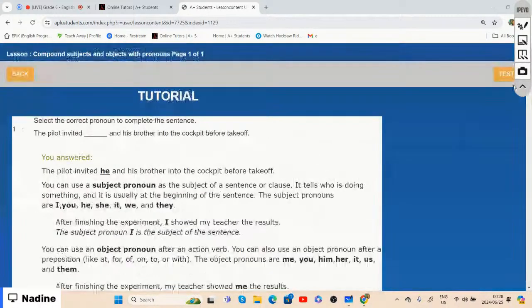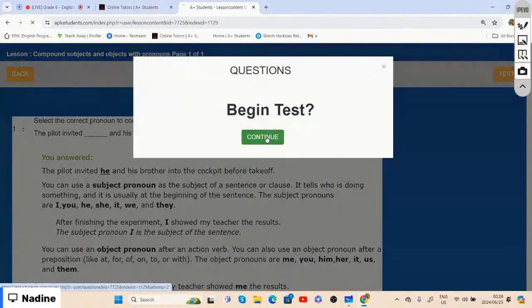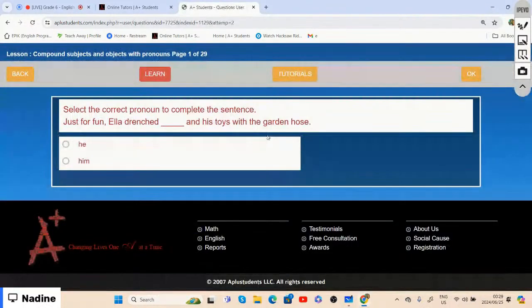All right, so now let's go to our test, the compound subject and object with pronouns. We're going to select the correct pronoun to complete the sentence. So just for fun, Ella drenched he and his toys with the garden hose, or Ella drenched him and his toys with the garden hose.